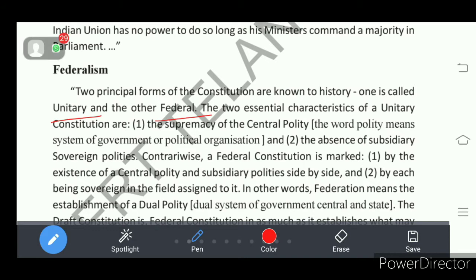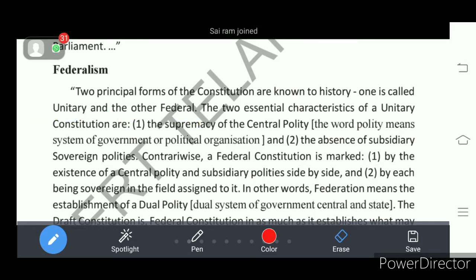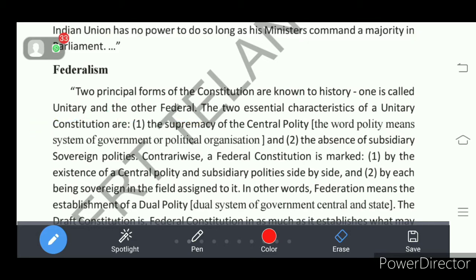Some of the constitutions in the world are federal ones, and some other constitutions of the world are unitary ones. So here, what type of constitution is that of India, as per the two types?